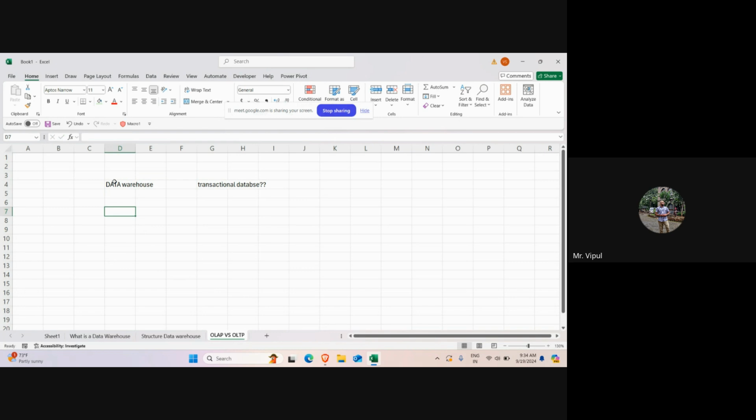Now let me define this term called transactional database for you by taking the example of e-commerce. For example, Flipkart or Amazon.